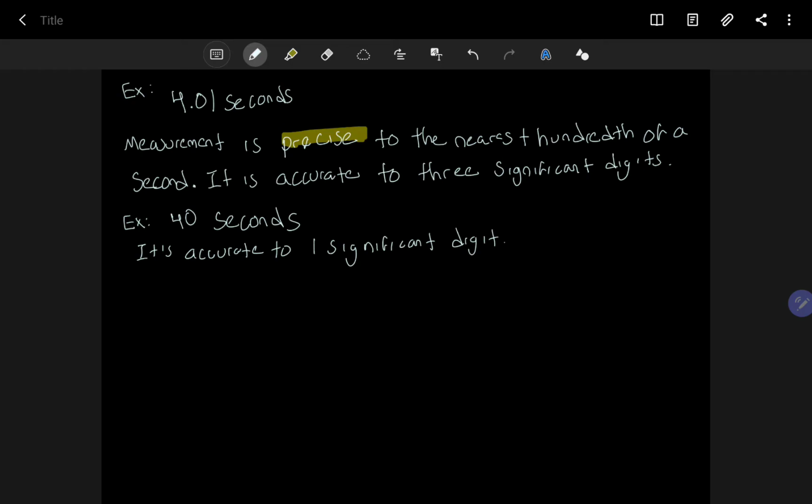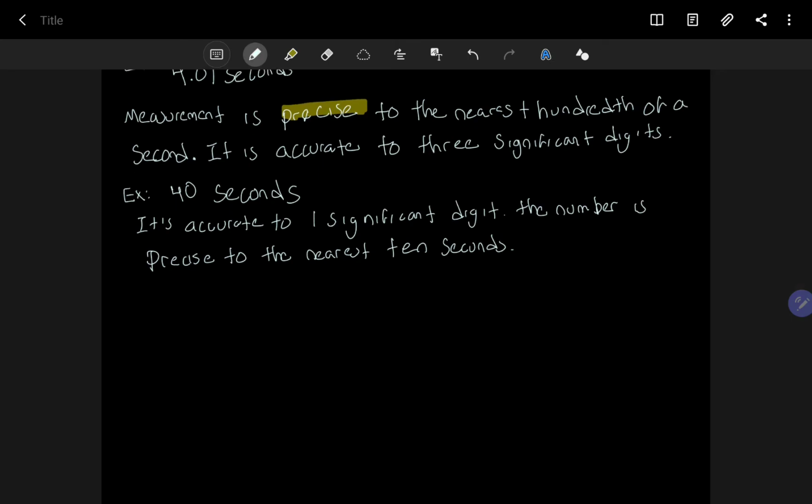And how precise is this? The number is precise to the nearest 10. So it's to the nearest 10 seconds.